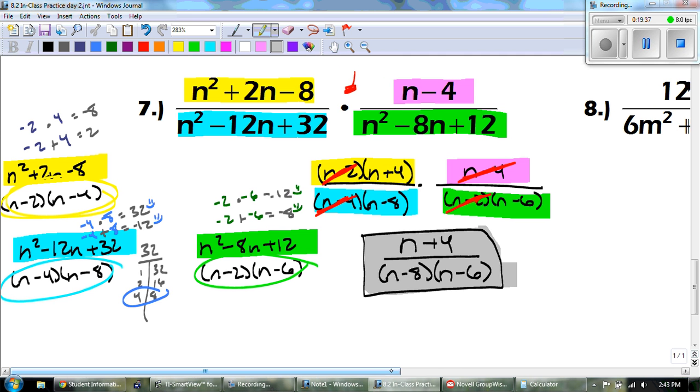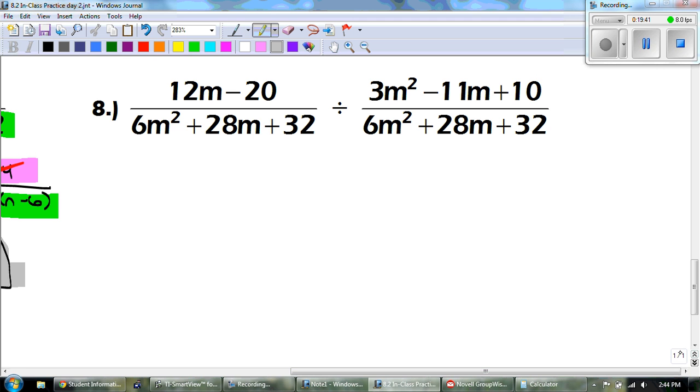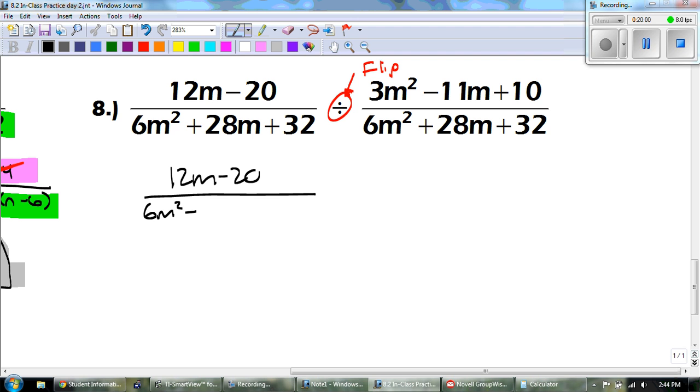All righty, the last one, number 8. The first thing that I noticed, once again, is that it's division, so we have to flip. Our first one stays the same, the 12m minus 20 over 6m squared plus 28m plus 32, changes to multiplication.